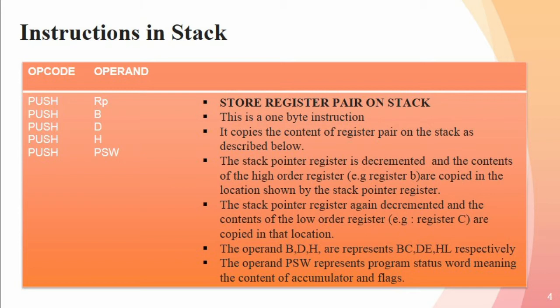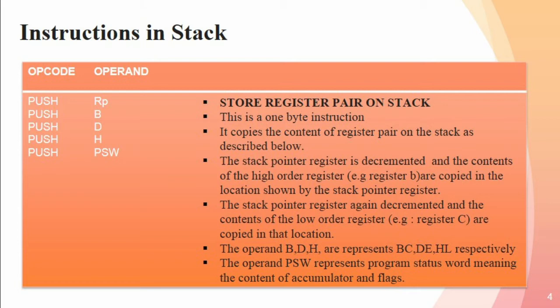The stack pointer register is decremented and the content of the high order register are copied in the location shown by the stack pointer register. The stack pointer register is again decremented and the content of the low order register are copied in that location.